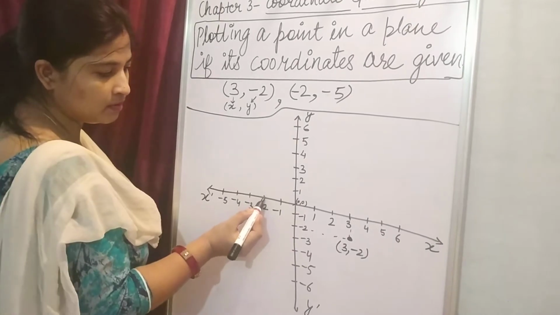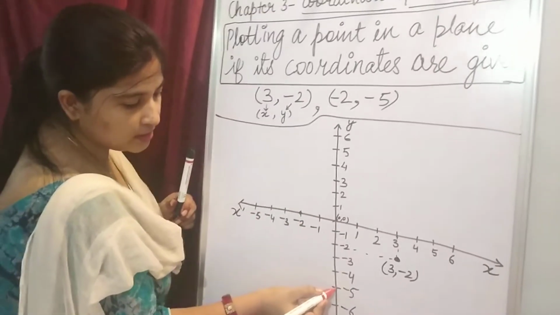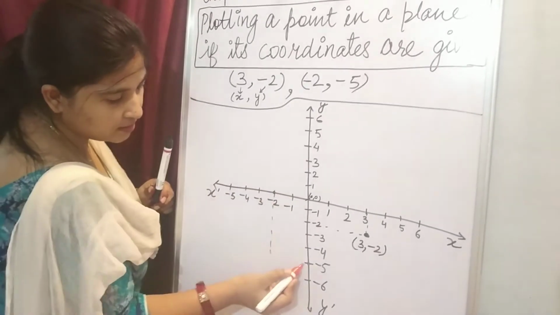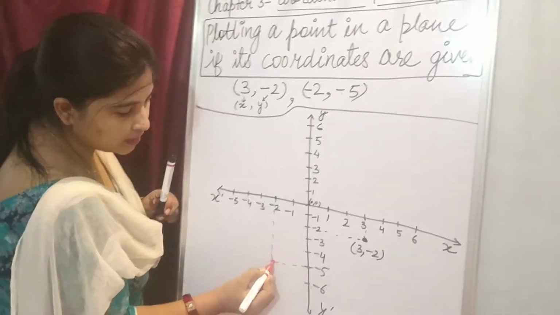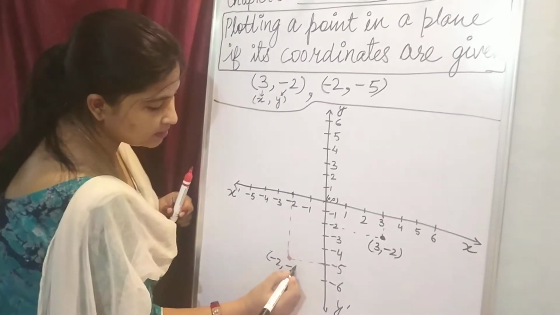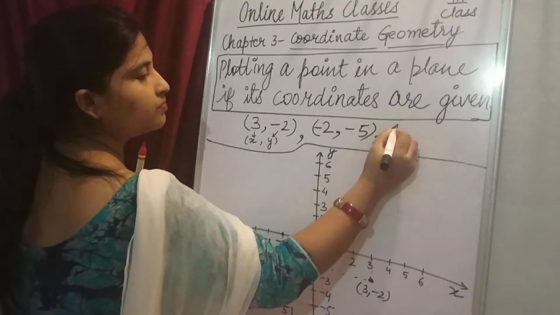Here it is. I'm marking it. And on the y-axis where is -5? So here it is. Now make the lines and see where they are meeting. They are meeting at this point, and this point is your (-2, -5). Okay students.